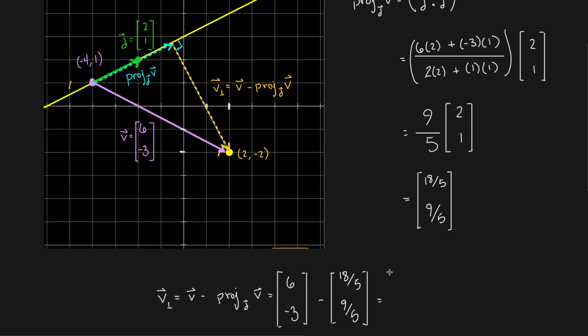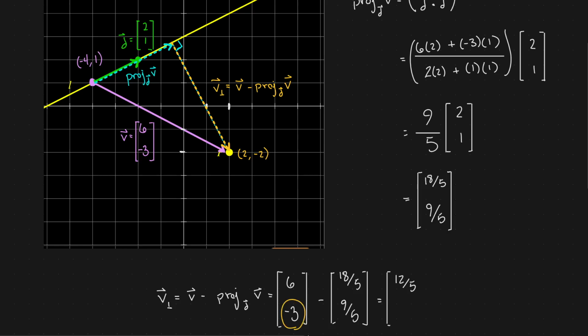So if I subtract, just mentally get a common denominator with the fractions. So first component minus first component, that's 6 minus 18/5. If I get a common denominator, that'd be 30/5 minus 18/5, which gives me 12/5. And same thing here, negative 3 minus 9/5.